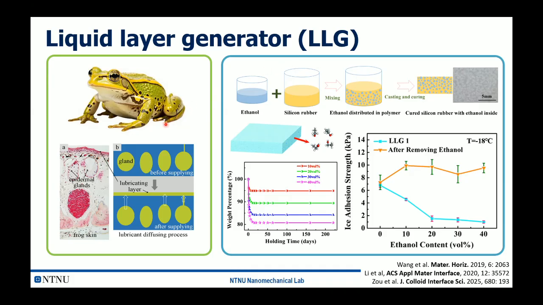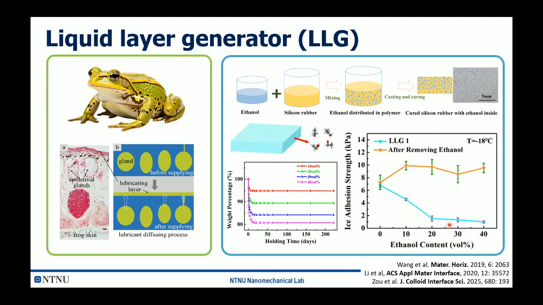And this just mimics the frog or other animals which have this very sticky lubricating surface. This is just a secret from the glands in their skin. And the result is really nice: we can see that ice adhesion dramatically reduces with increasing ethanol content.